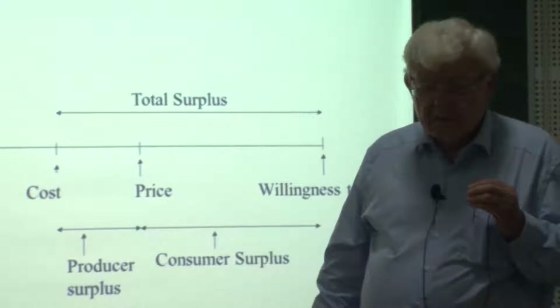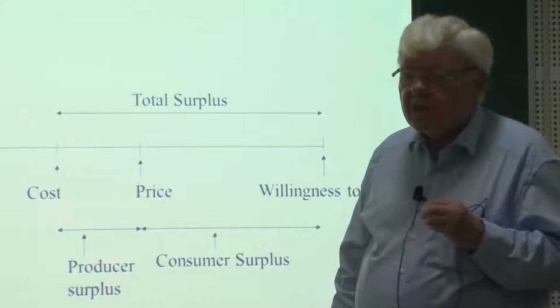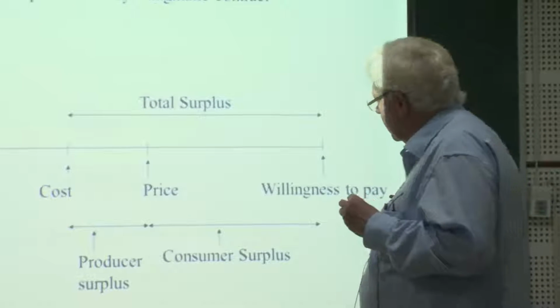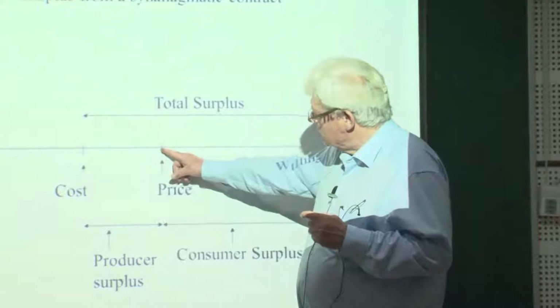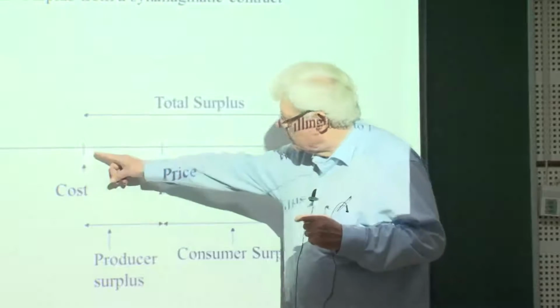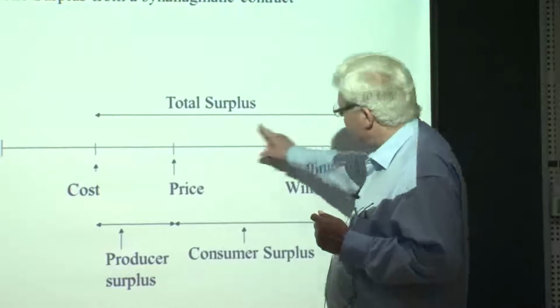Should then the contract be ended? What is the economic answer to that? Now, what would you say? This is the price. This is the cost here. The total surplus is this.